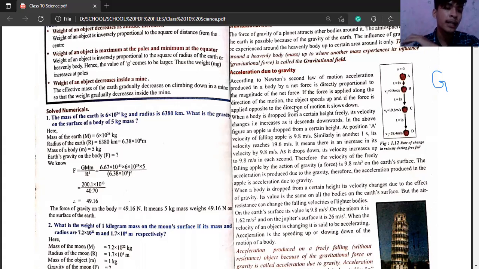For example, if the body is moving right and you apply force from the left, the object will slow down. That's how you stop an object coming from the forward direction: you apply force and the object stops.